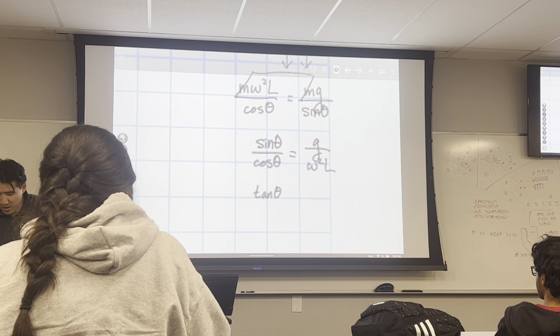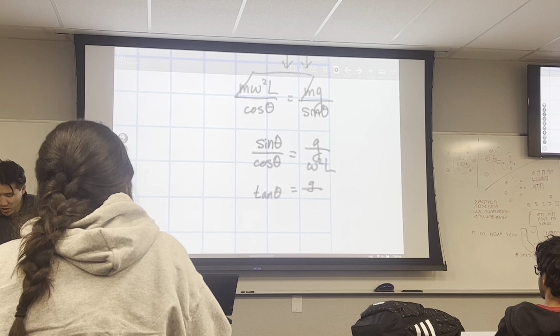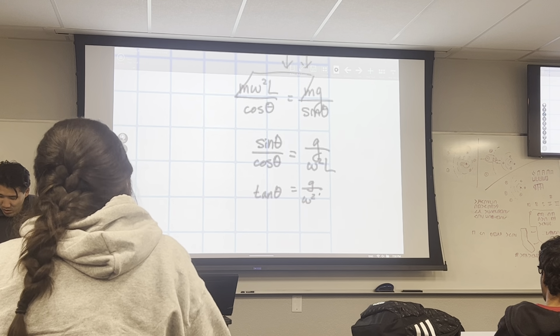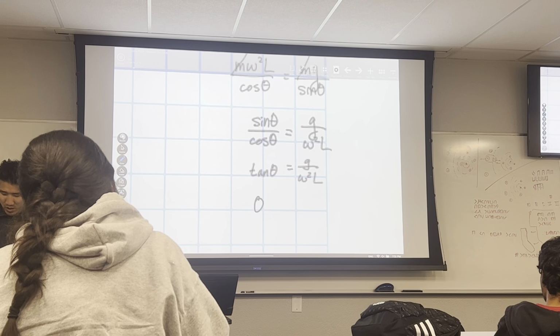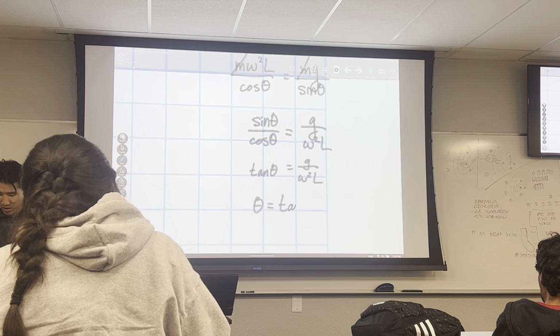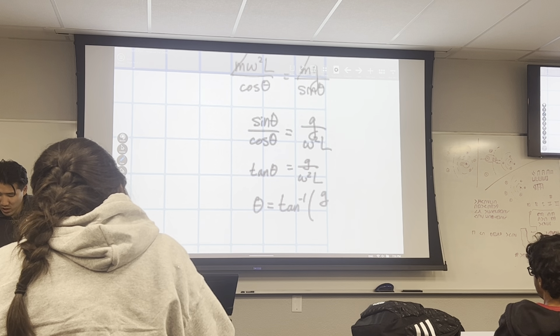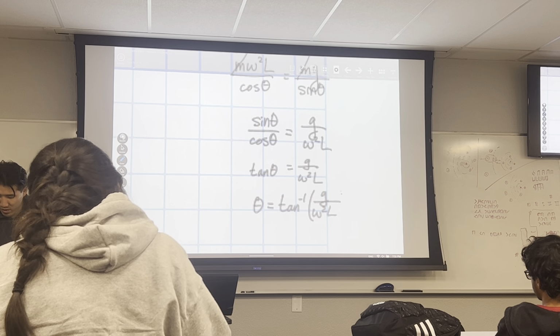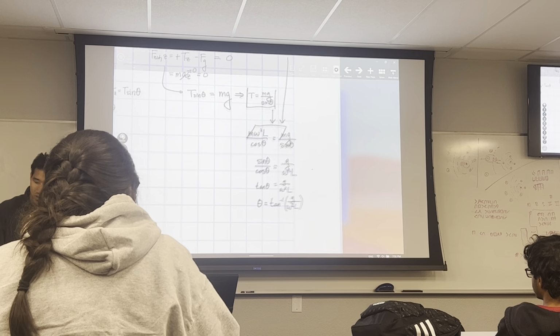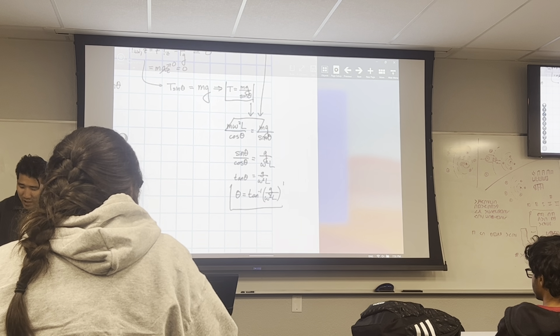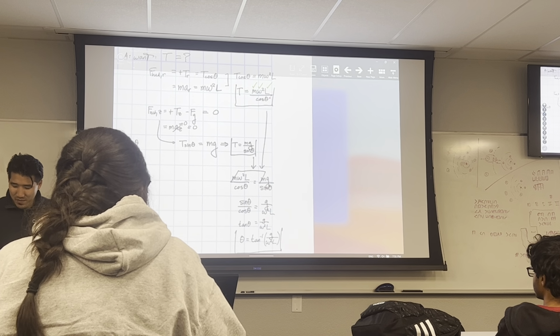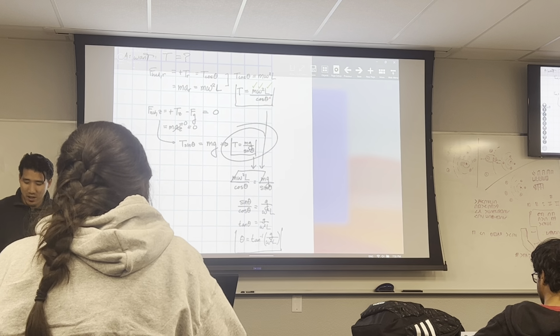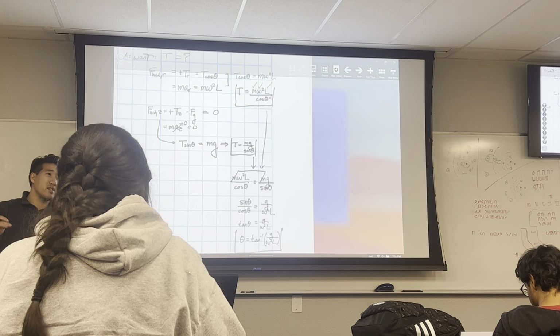So tan of theta is equal to g over omega squared L, meaning theta is equal to the inverse tan of g over omega squared L. And so now we know that. And then we can plug our theta back into either one of these, and then we are finished.